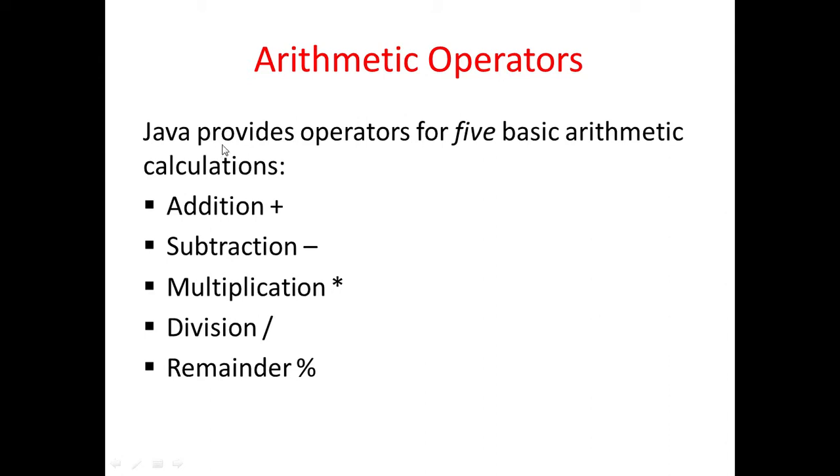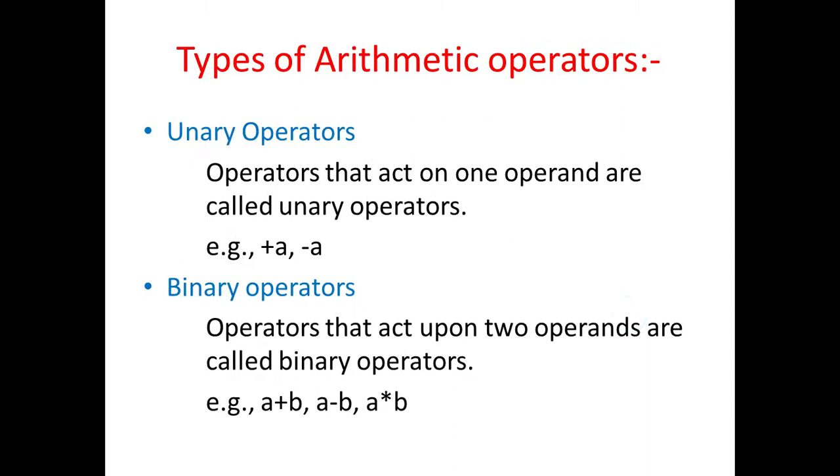So if you want to do any basic arithmetic calculation, or get the remainder, you will go for arithmetic operators like plus, minus, asterisk, slash and modulus. Java provides 5 basic arithmetic operators for 5 basic calculations.